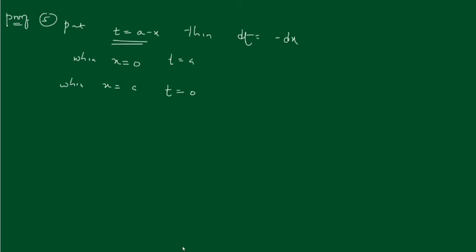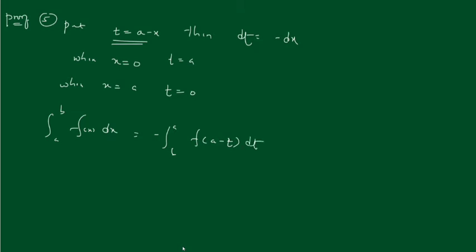The integration from a to b of f of x dx equals minus the integral from b to a of f of a minus t, since the x value is a minus t, into dt.